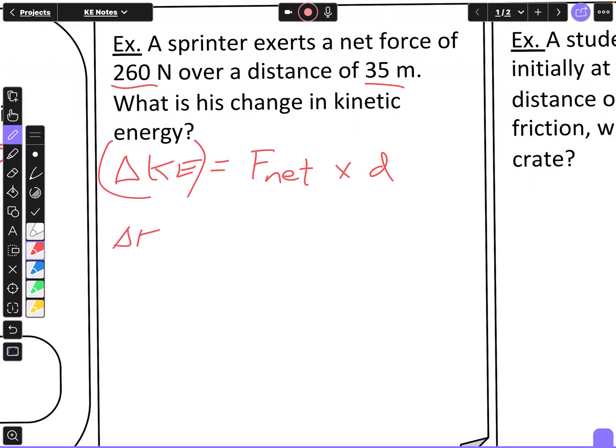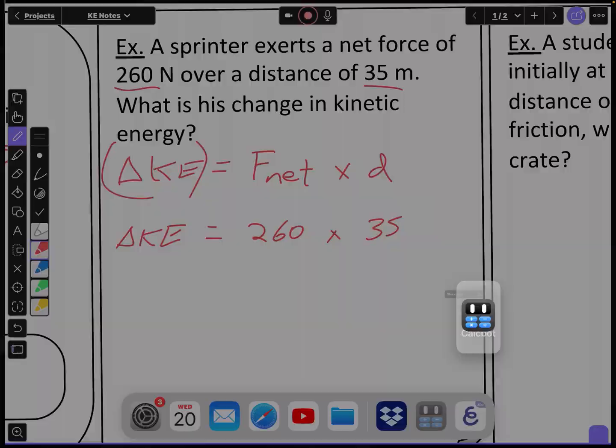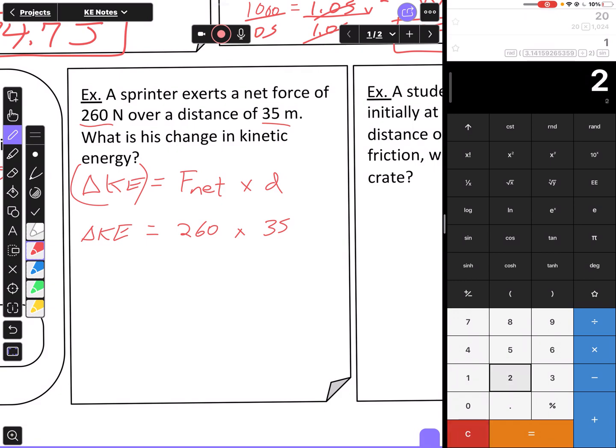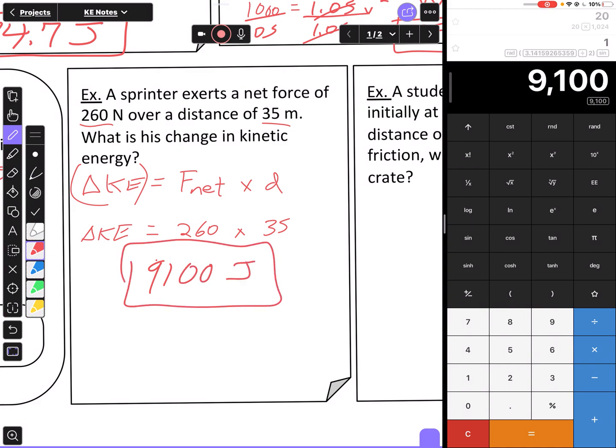So the change in kinetic energy is equal to F net, which in this case is 260, times my distance, which is 35. And you get 9,100, and joules would be the units for the answer.